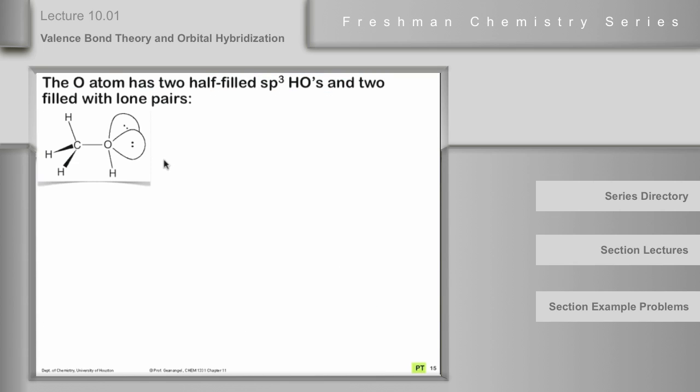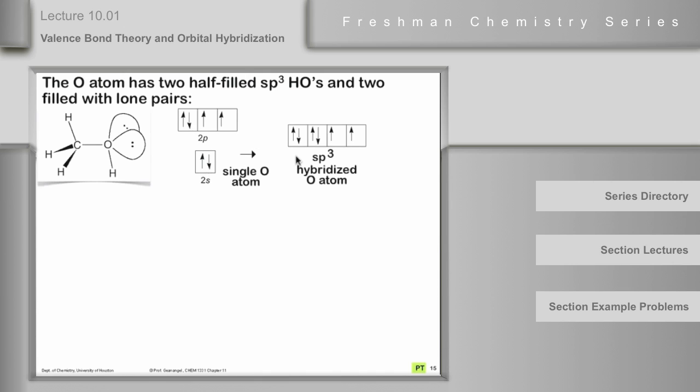Now, if we look at the oxygen end of the atom, as we said, it has 4 electron groups, 2 of which are lone pairs. And so if we start with the oxygen atom by itself, it's 2s2, 2p4, 6 total electrons. So if we mix these, we make 4 sp3 hybrids, and we fill them up in the usual way.